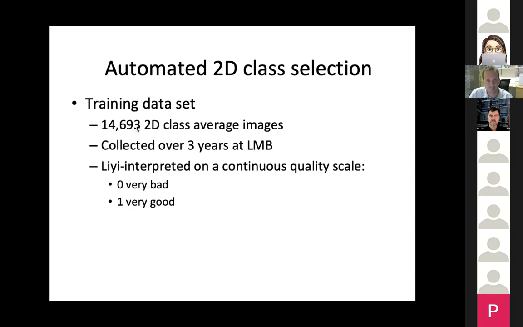Then Lee sat down for a while and interpreted their quality on a continuous, or semi-continuous, quality scale. She had multiple classes ranging from very good to bad, and some weighting with molecular weights, etc. But basically, we hoped to have a continuous scale of 0 meaning very bad images, which you don't want to include in your data, and 1 being very good images.